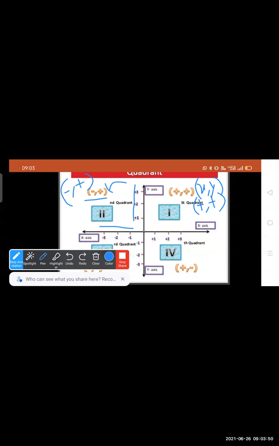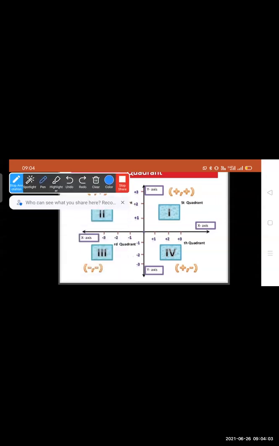Similarly, in the third quadrant, x values are negative and y values are also negative, so both x and y points are negative. And in the fourth quadrant, x values are positive while y values are negative.